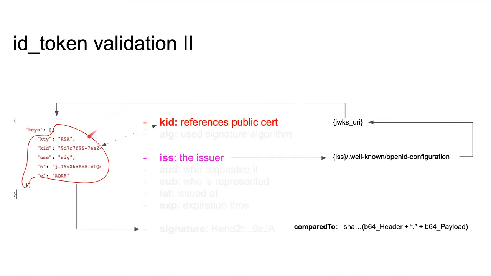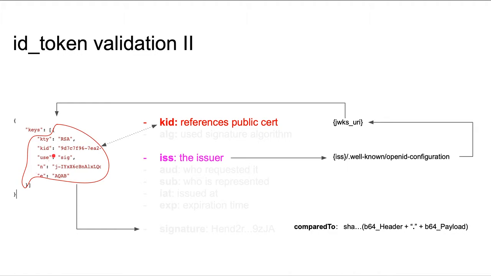The next step is to call this URI, which is also an unprotected endpoint, and this will return a JSON document with a list of public keys that are in use right now. So if the server has created the signature with a private key, this key here is the public key, which you can use to validate the signature. In this example, there's just one key, but it could be a list of keys.